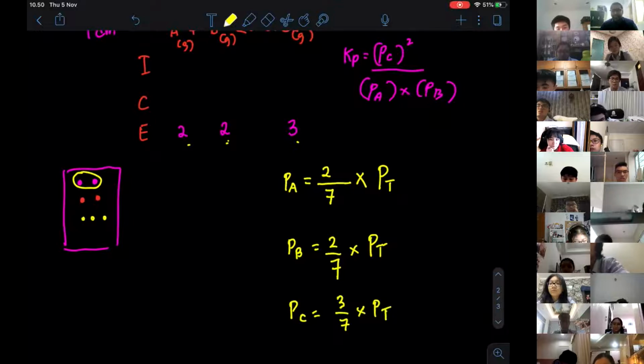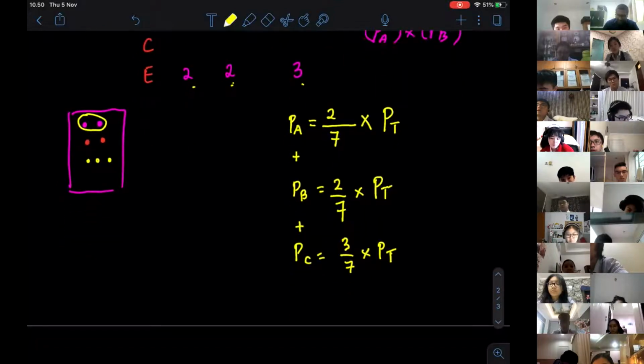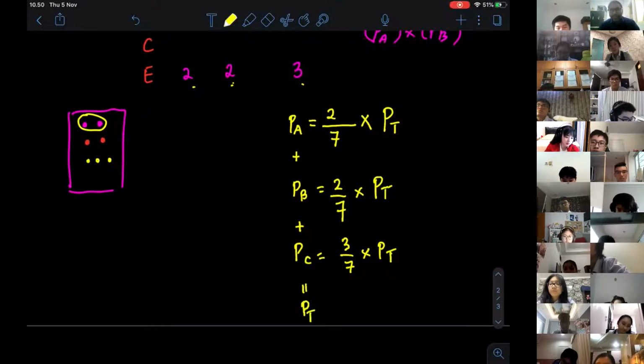What does it mean? It means that when I add all these together, PA plus PB plus PC, I am supposed to get PT total. You just try to add 2 over 7 plus 2 over 7 plus 3 over 7. You will get 7 over 7, which is going to be 1 PT.